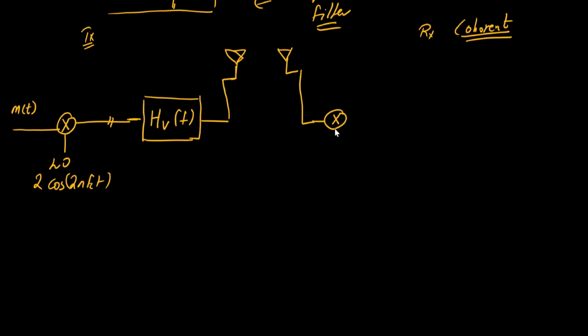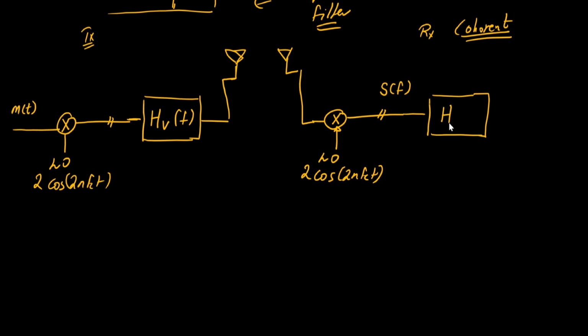So we have a mixer, and over here again we have a local oscillator, cos 2 pi fc t. Again we multiply it by 2. Until here at this point, it is actually just a double sideband suppressed carrier demodulation. We can call this S of f, and over here we would use one filter.